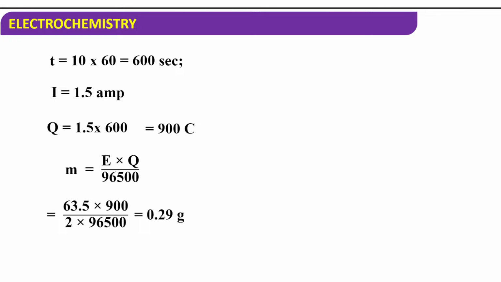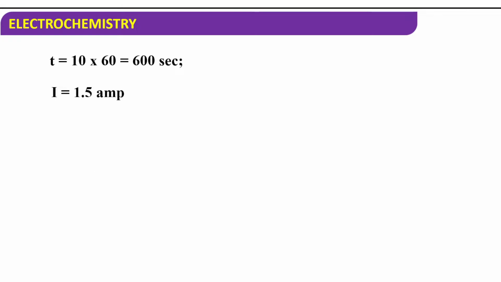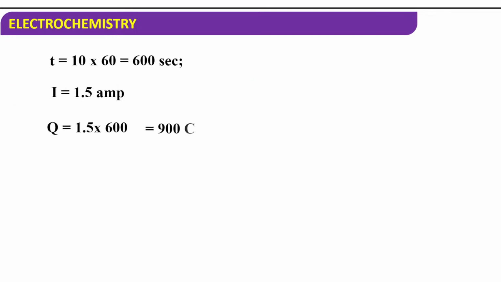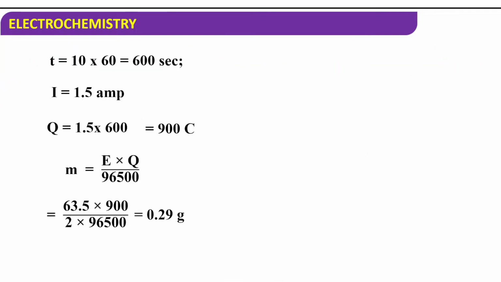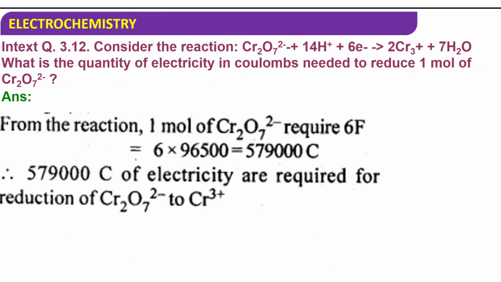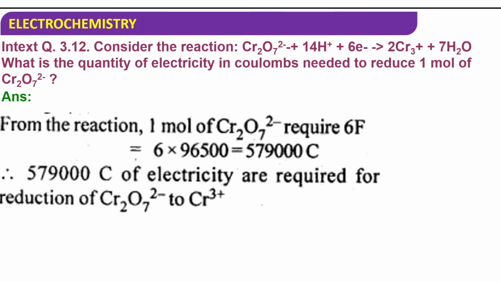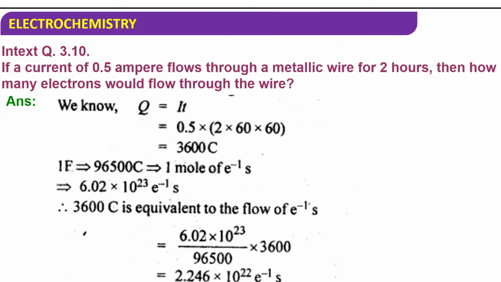Okay. Now next is in-text question 10. This was example 10. In-text question: if a current of 0.5 ampere flows through a metallic wire for 2 hours, then how many electrons would flow through the wire?